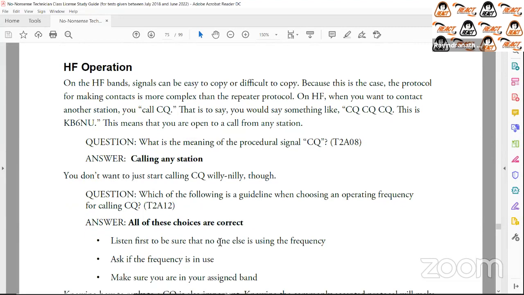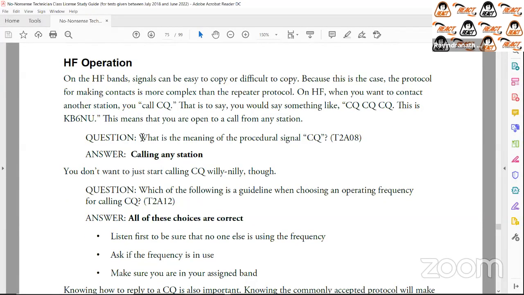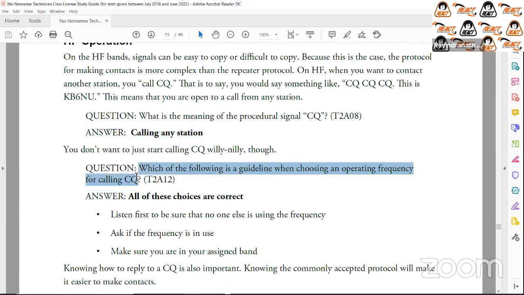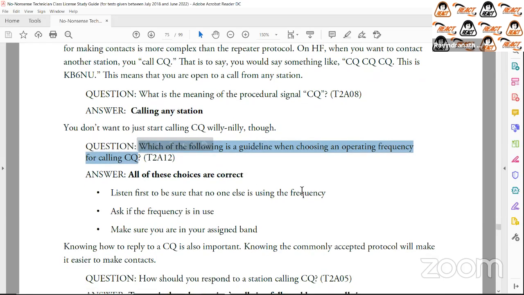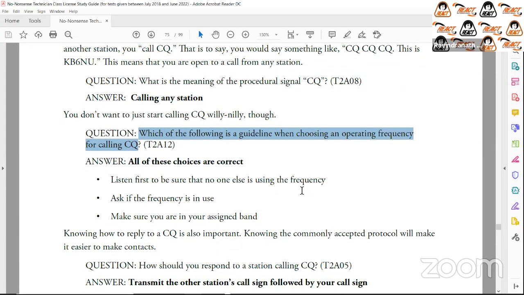Right, again, we're just running through all of this because we dealt with all of these things in this slide deck last class. Next question, what is the meaning of the procedural signal CQ? CQ means calling any station. Which of the following is a guideline when choosing an operating frequency for calling CQ?